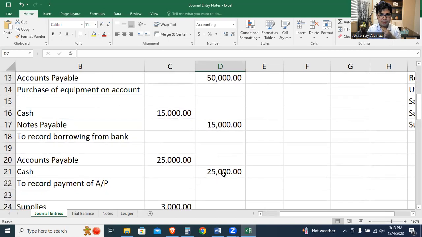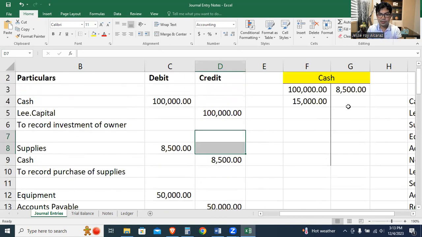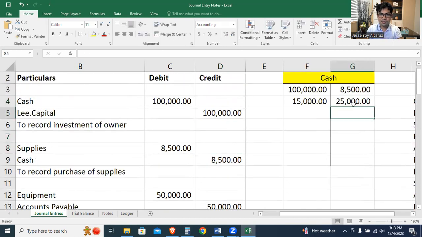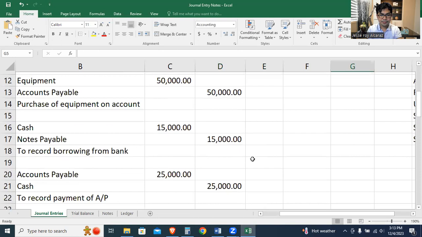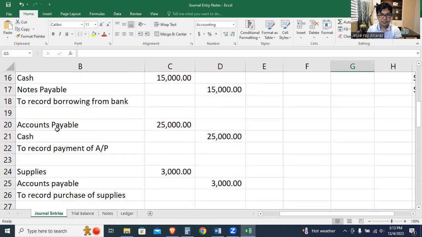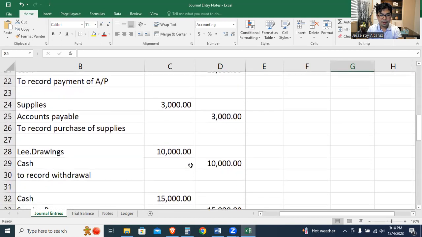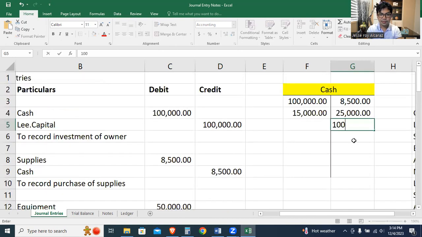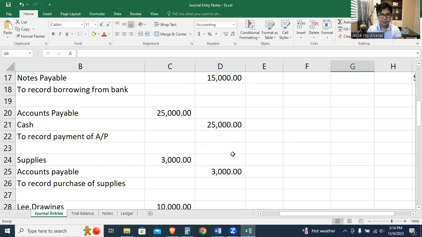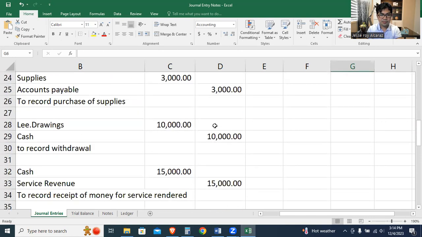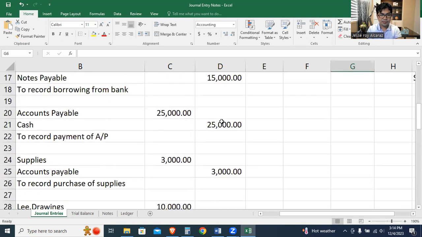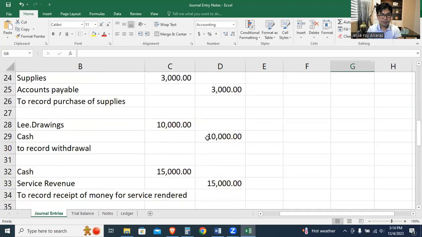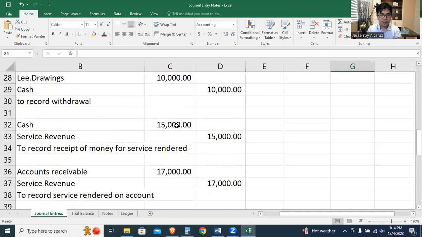Then, credit, 25,000 pesos. Then, credit again, 10,000 pesos. Then 15,000 pesos credit.